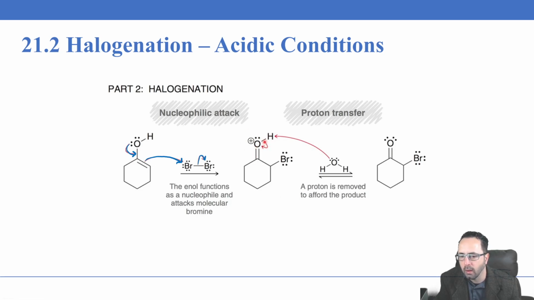A double bond and a single bond to hydrogen and 1 lone pair gives it a positive formal charge. At that point, the last step is to deprotonate this. So water comes along, water being the solvent here in all of this, and grabs the proton and leaves the 2 electrons behind. And at that point, we have essentially replaced the alpha hydrogen with a halogen atom. And that's the halogenation of the enol at the alpha position.